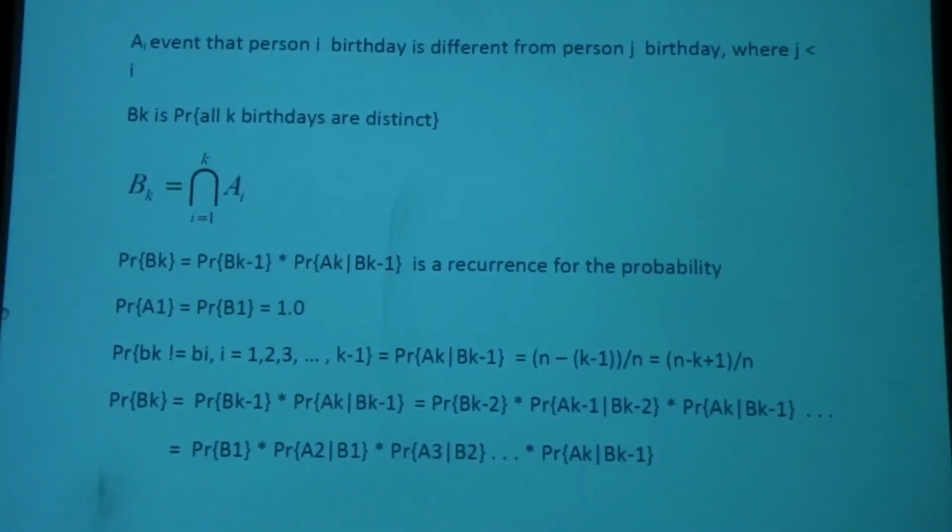So the probability of A_1, that person 1 is unique, is certain, because one person has a unique birthday, there's nobody else to have a common birthday with. Okay? So B_k is the intersection of A_i as i goes from 1 to k. This expands the probability and continues like this.